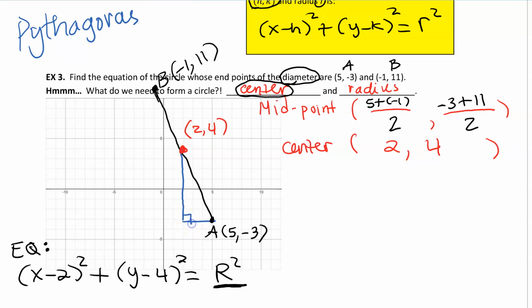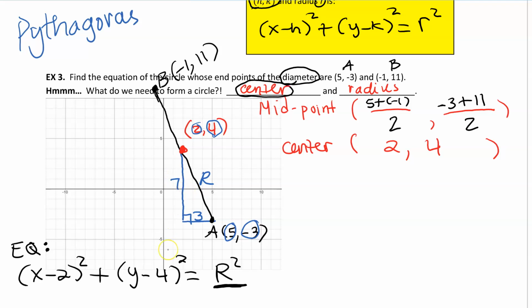right triangle, and here's your radius. A squared plus b squared equals c squared now. So this is 3, because that's the distance from 2 to 5. The distance from 4 to negative 3 is 4 minus a negative 3, which is 7.